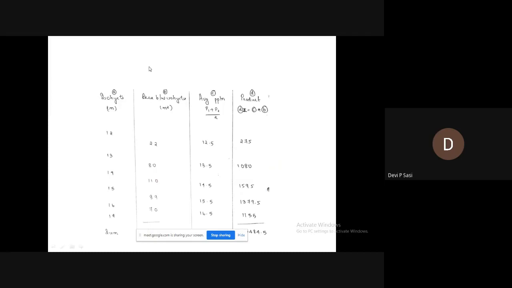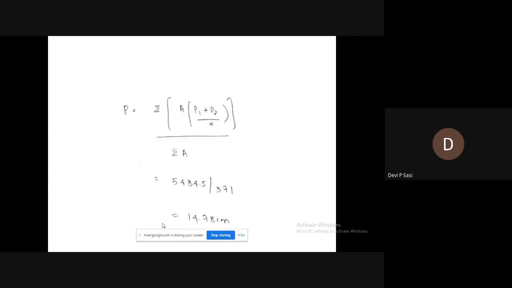Similarly, you find sigma A, and sigma A into (P1 plus P2) by 2. That is the summation of column D and summation of column B.